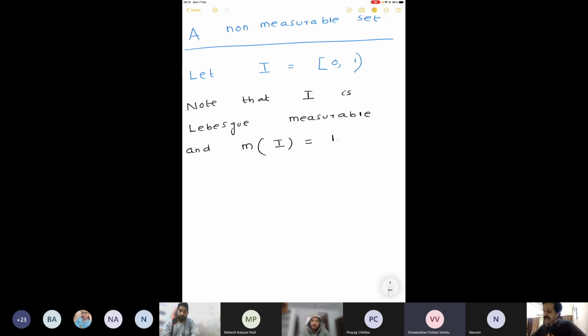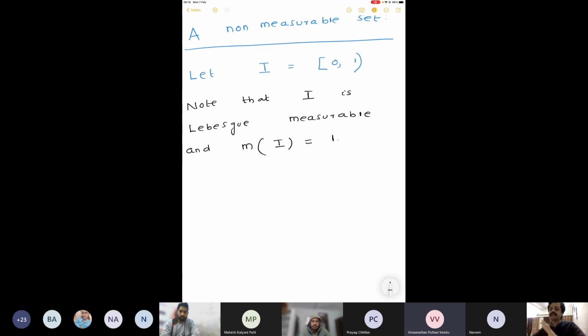In order to get an example of a non-measurable set, I am going to define an arithmetic in I. I am going to take elements in I and add them. But the outcome after adding, the result, again I want to be in I itself.